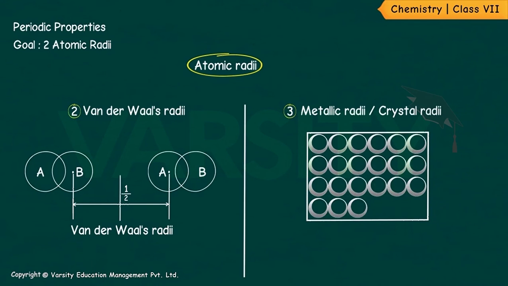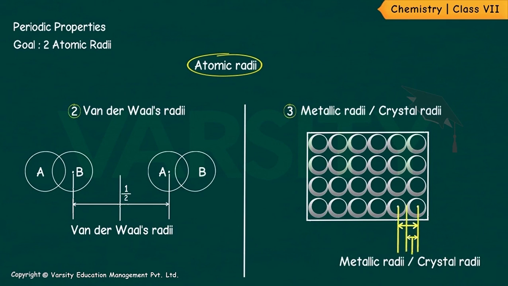So, when we talk about the van der Waals radii, it is only between the two molecules, but in case of metallic radii or crystal radii, the distance is between two atoms in a closely packed surface.